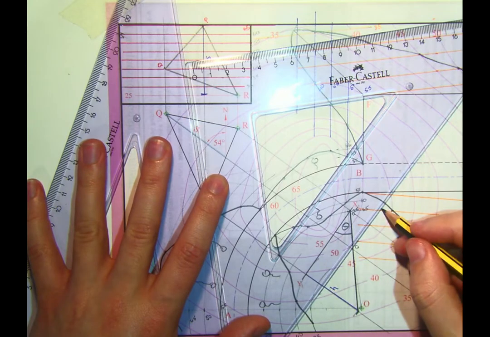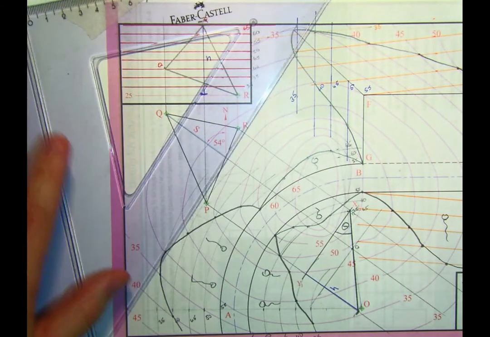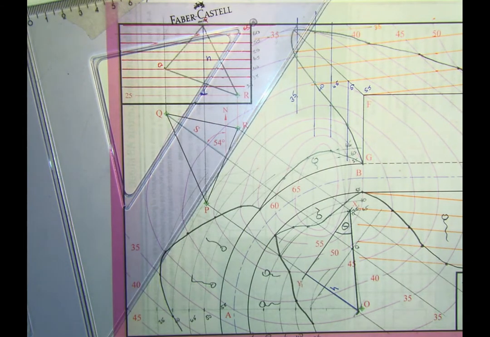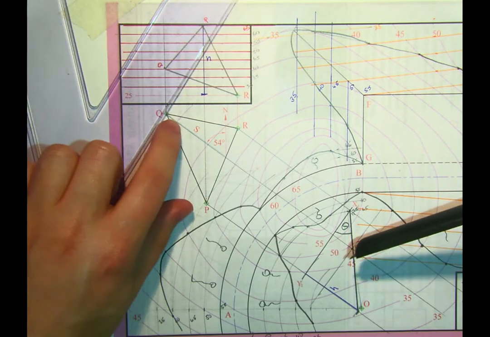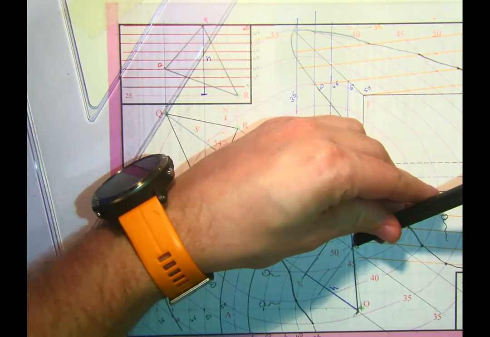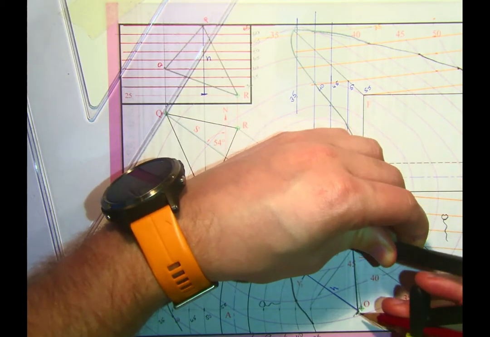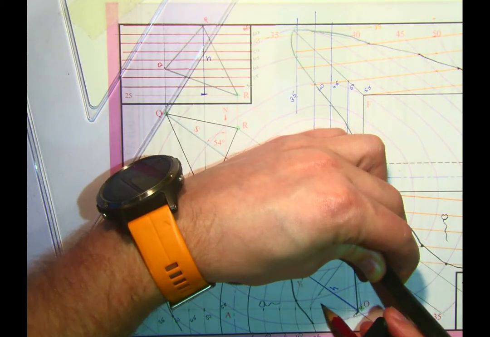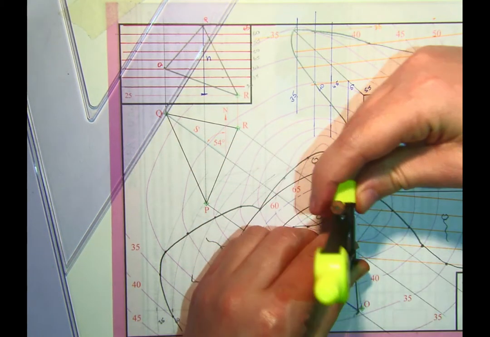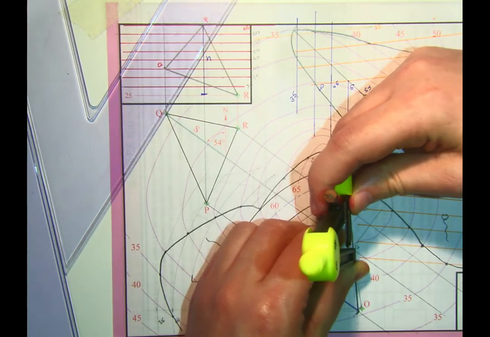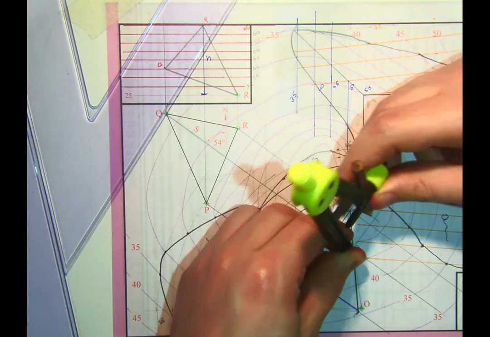So a line this way. So that is it in its finished position, but we need to rotate it. So using point Q here, because we're rotating around the strike, around that line. So taking point Q, pencil on P, rotate that down onto that line. Doing the same thing for point R on this side, taking this point and rotating that up here.